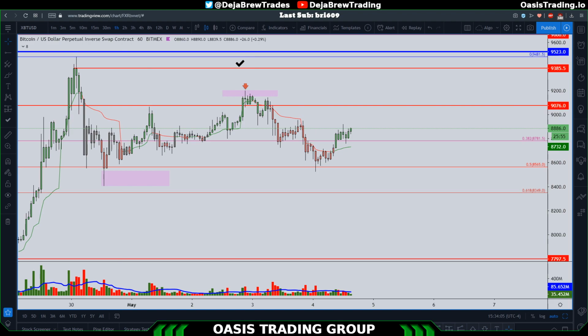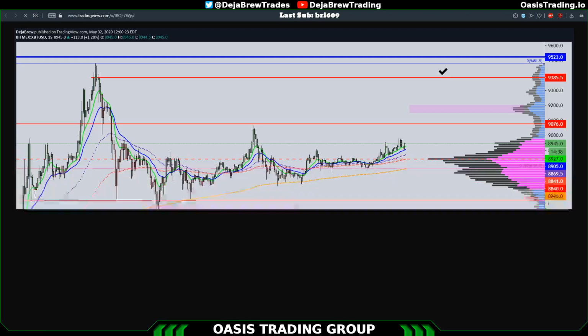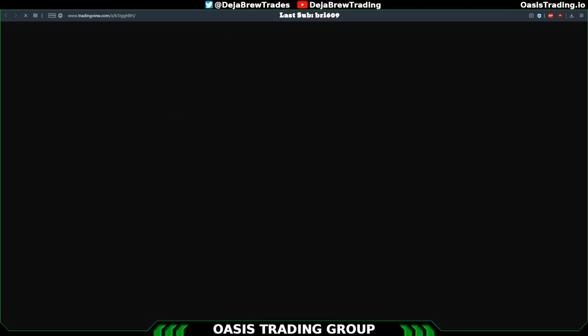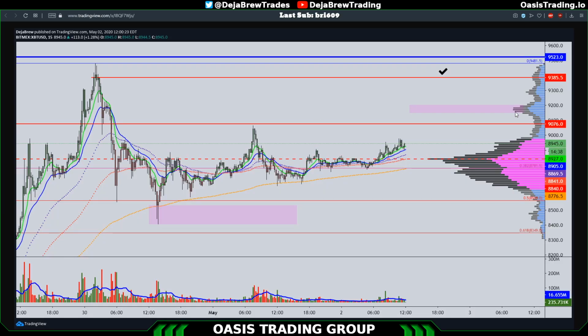Let me see if I can get a screenshot for you guys. So here, you see this little node? You have a balanced profile, and then you have little nodes up here. These are going to be your targets for a breakout.